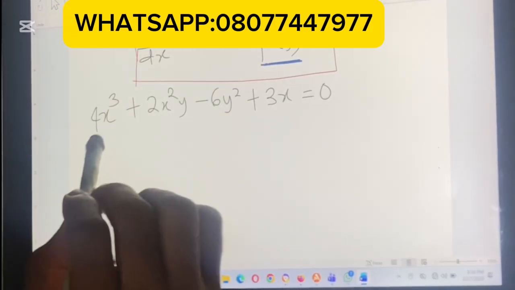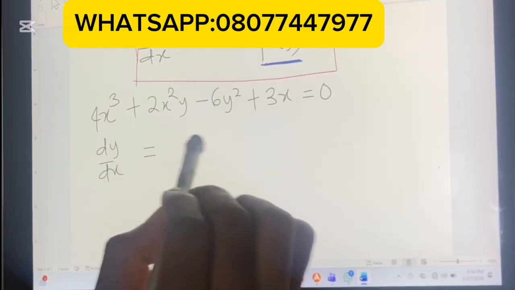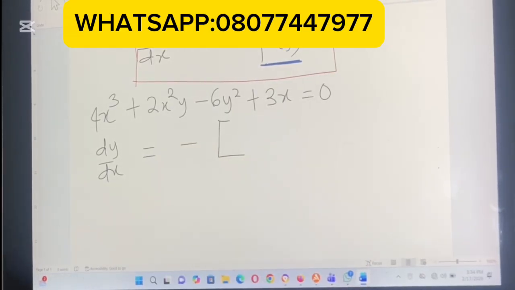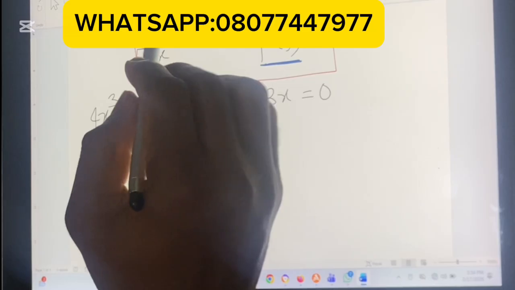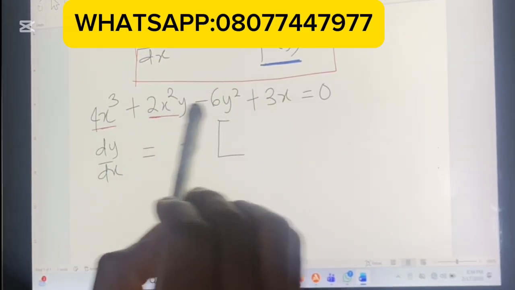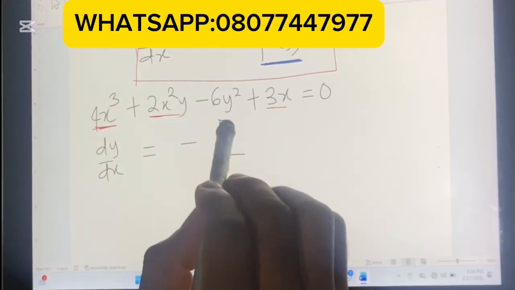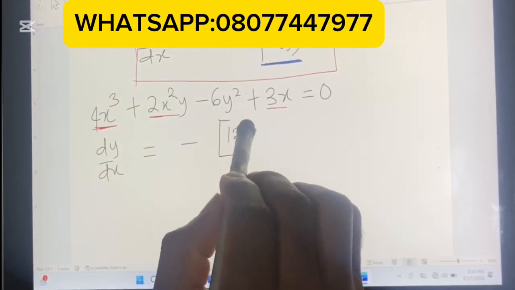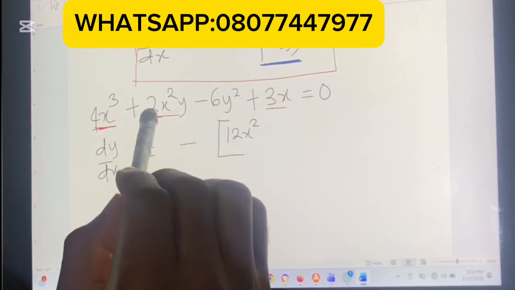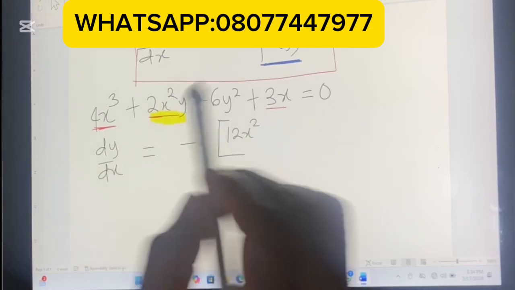That means dy dx is equal to minus, let's differentiate only for s. There is s here and there is s here. So let's differentiate this, I will have 12s squared. Then differentiate this part here, only for s, I will have 4sy.